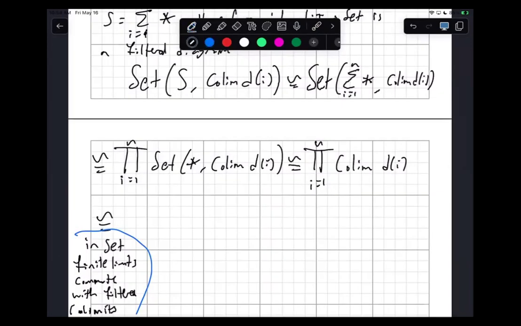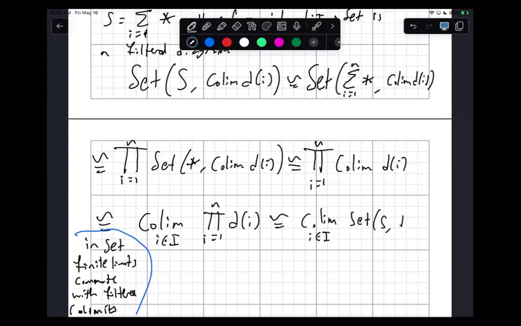So from that, you can switch the colimit out here, and that's the same thing as this. Okay, so if you're a finite set, then you're finitely presentable, and vice versa.